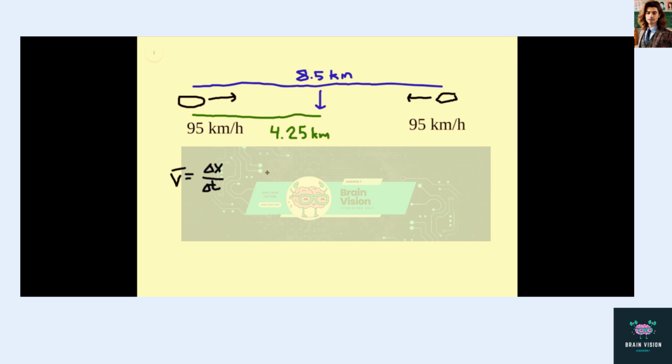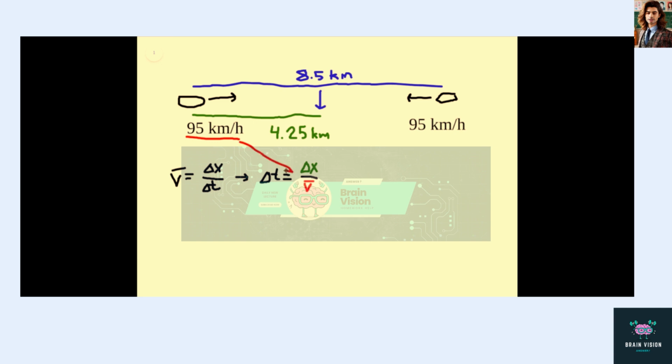So we're solving for delta t here, so let's rearrange that equation on the left to delta t. What we're looking for is delta x, our distance, divided by our average speed, and our average speed here is just our constant speed. That's the 95 kilometers per hour.